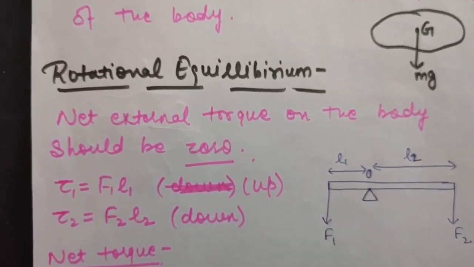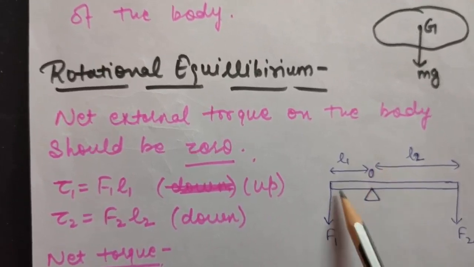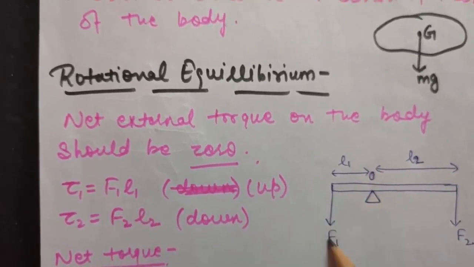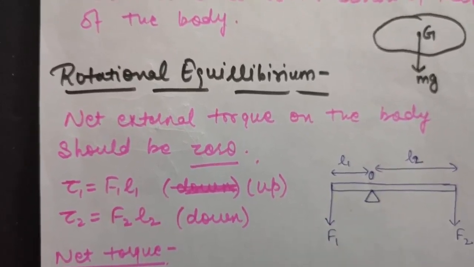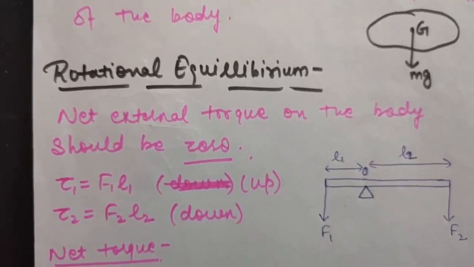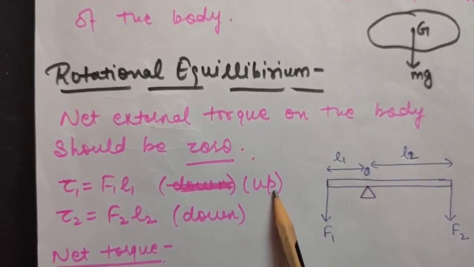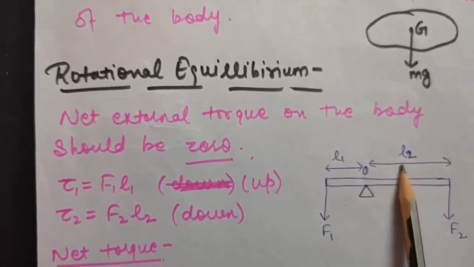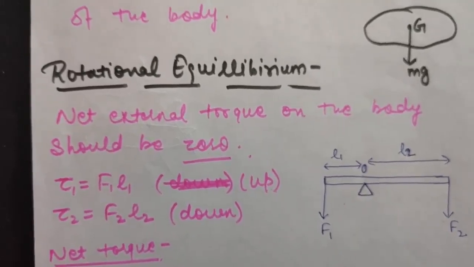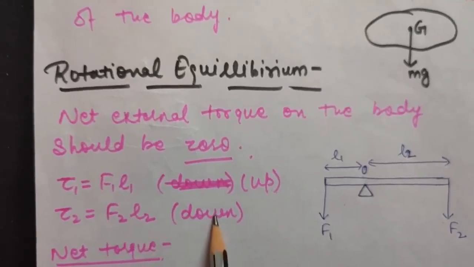As you know the formula r cross F, the angle is 90 degrees. So torque 1 will be F1 L1. Okay, and if you use your right hand thumb rule, you can easily see that this torque will be in the upward direction. Now similarly torque 2 will be F2 L2, and when you use the right hand thumb rule again, you will see that it is in the downward direction.